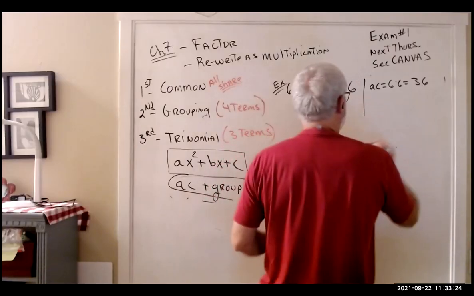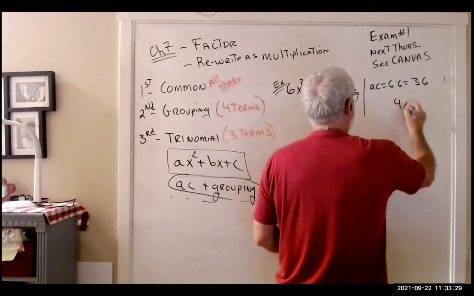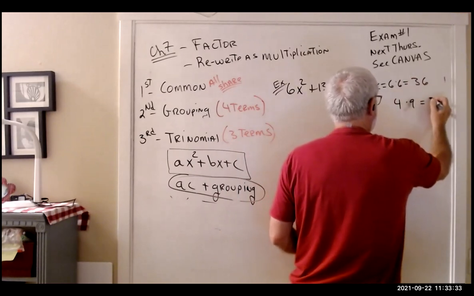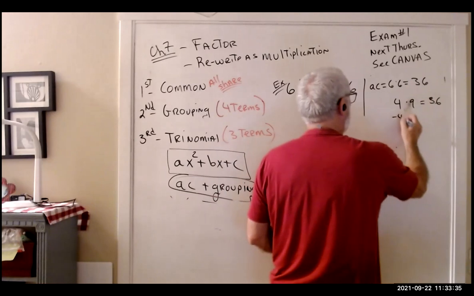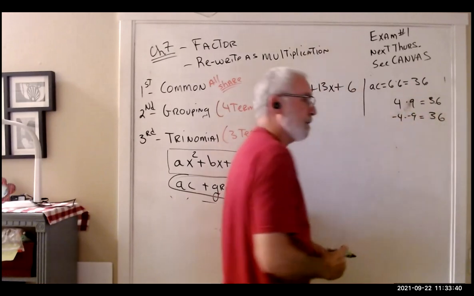Okay, so we already know 6 times 6, but it's going to be 4 times 9 is 36, but -4 times -9 is also 36. You need to be careful about that.